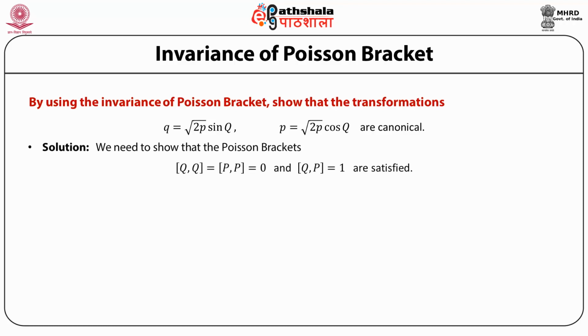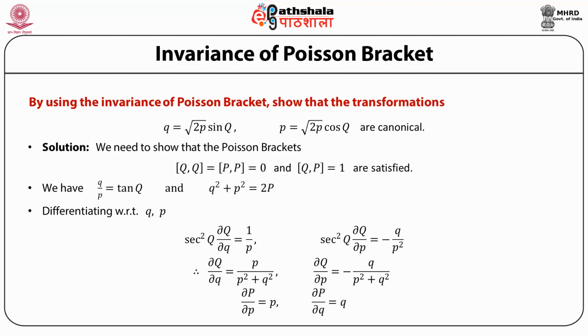So what we need to show is that the fundamental Poisson brackets between the new coordinates and momenta are satisfied, which is straightforward, because you can see from here that the partial derivative of the new coordinate with respect to the old coordinate is p divided by p squared plus q squared, and the partial derivative of capital Q with respect to small p is minus q by p squared plus q squared, and we put these into the definition of the Poisson bracket.